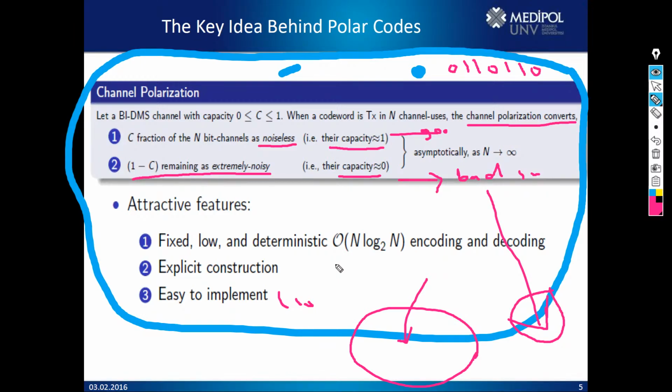And for good ideas to be accepted worldwide, you need to prove them not only by simulation, but also by math. And that's why polar codes got so much attention, even more than the previous codes that were a little bit close to Shannon capacity, because it was proven mathematically. I mean, you are not playing here. The math says this, and you get it easily when you go to the simulation and practical implementation.